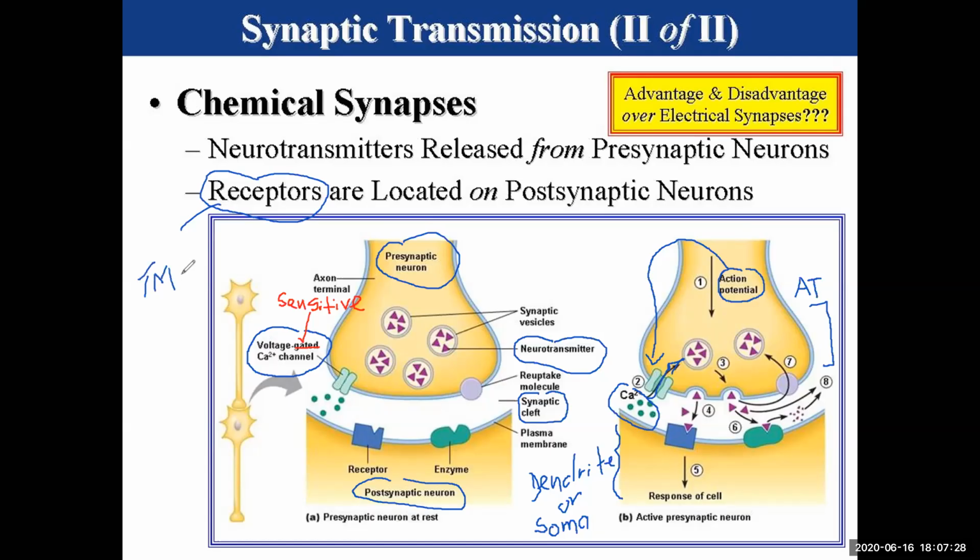So transmembrane protein means proteins that are located on the cell membrane, on the plasma membrane, on the phospholipid bilayer of the postsynaptic neuron. Specifically, the dendrite or soma of that postsynaptic neuron.